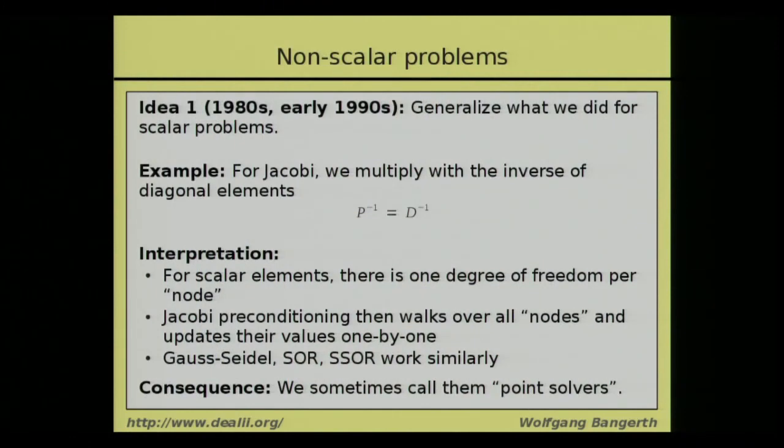So the Jacobi method computes the residual at every node based on the neighboring degrees of freedom, taking the old values, let's say, from the previous iteration.